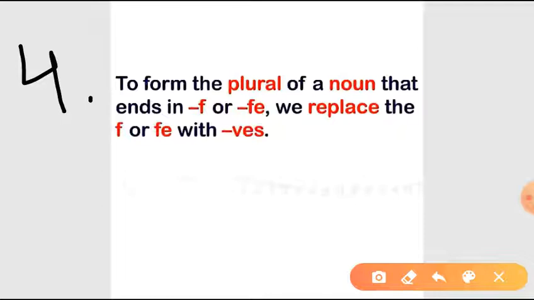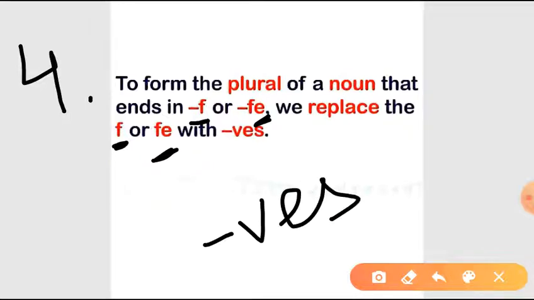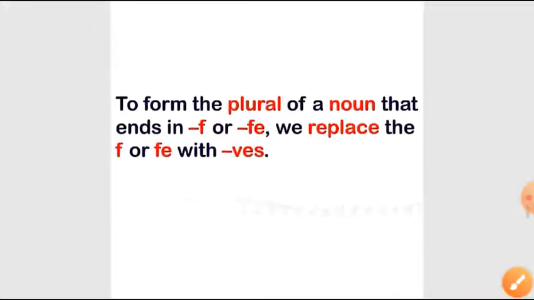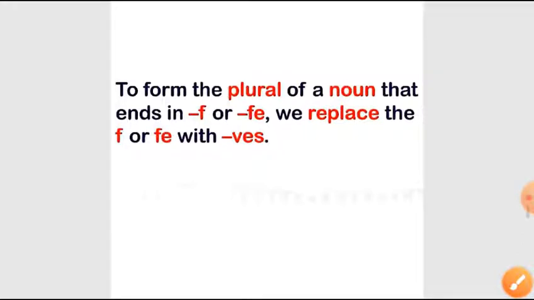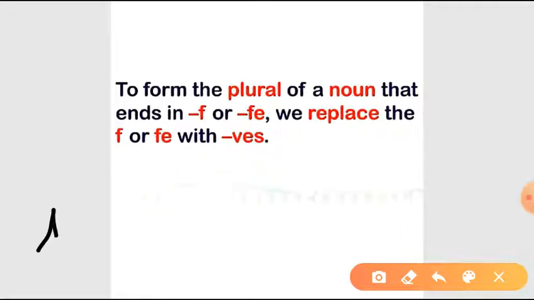Got it? So any word which is ending with f or fe, what we do? We replace f and fe with ves. Simply we don't have to do anything. We'll just remove these f and fe and we will write ves at its place.